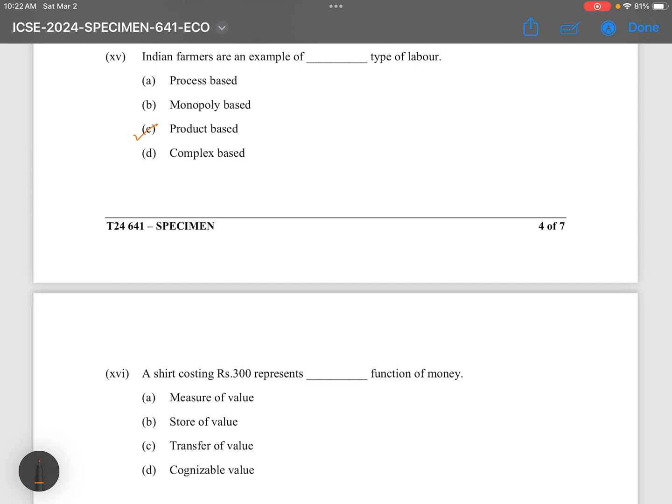You should know that process and complex are the same, product and simple are the same. For example, farmers, carpenters, blacksmith, cobbler, they all come under product-based division of labor. When you are doing this topic, I urge you to pay attention because you will usually find one or two odd questions on division of labor, surely.